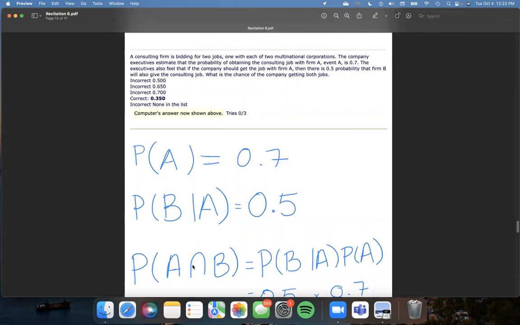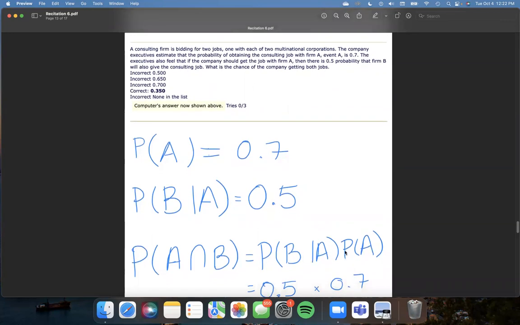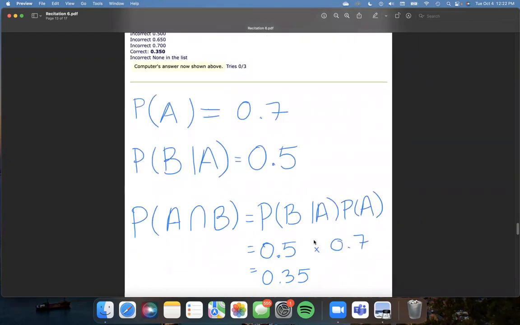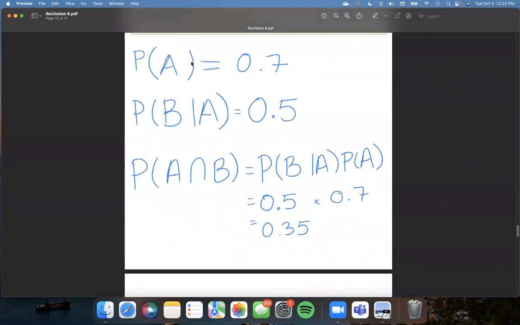So we have this intersection equals the probability of B given A times the probability of A, and we're given these 2 values. So we're just going to plug in. So we get the conditional probability 0.5 times 0.7, and that gives us 0.35, which is our answer.